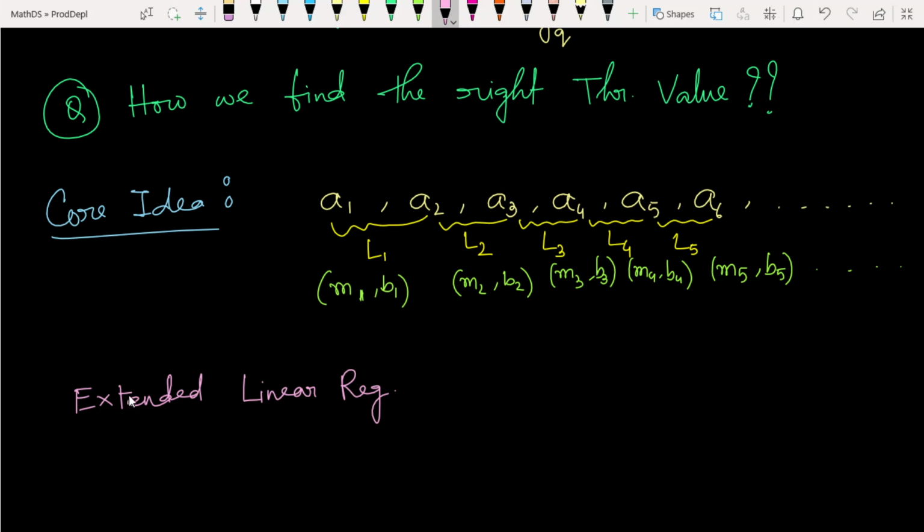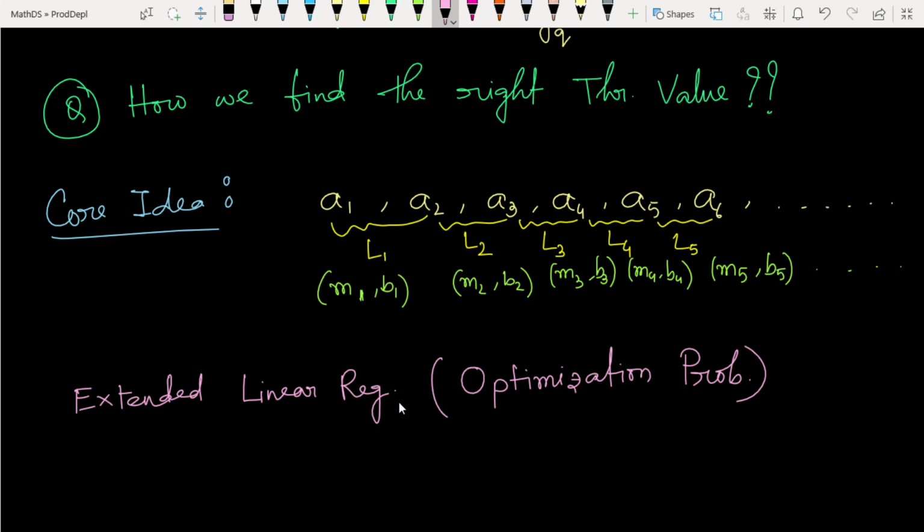Extended linear regression is an optimization type of problem. You can think of it as an optimization problem. We apply this optimization problem, and then we can easily find these values.